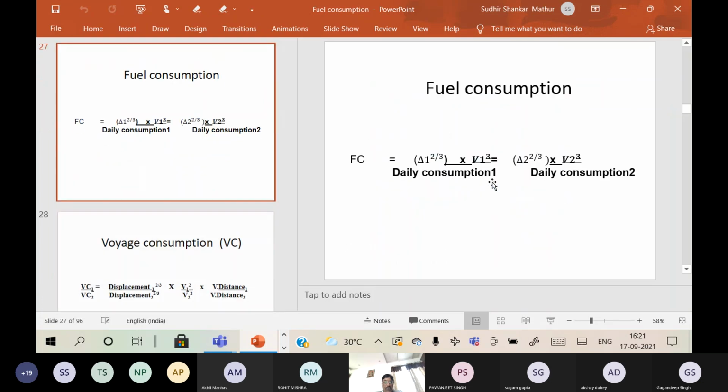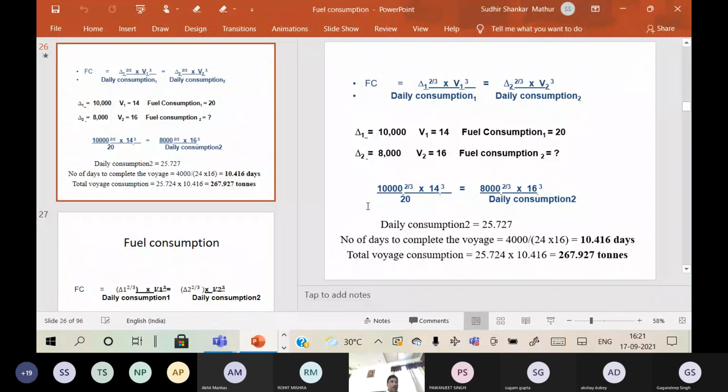And 267.9 is the voyage consumption. 10.4 voyage days. 25.7 is actually the answer, there is only one. Now voyage consumption has been asked. So you must get 267, 267.9 or 268 as your consumption.